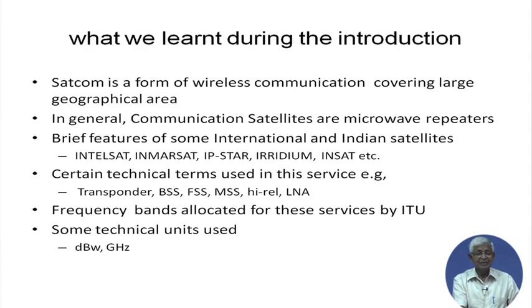Yesterday we have seen that it consists of three segments: space segment, ground segment, and the propagation medium. Very briefly, this can be described in three segments. Now the space segment consists of the satellite which is in the orbit and the ground station which controls that satellite. Now let us know something about this orbit. Orbital mechanics or orbital dynamics is a very large subject, and we are looking at it from the communication angle.